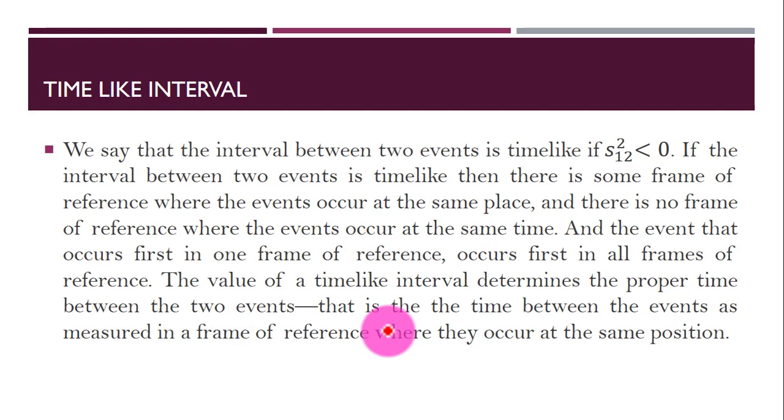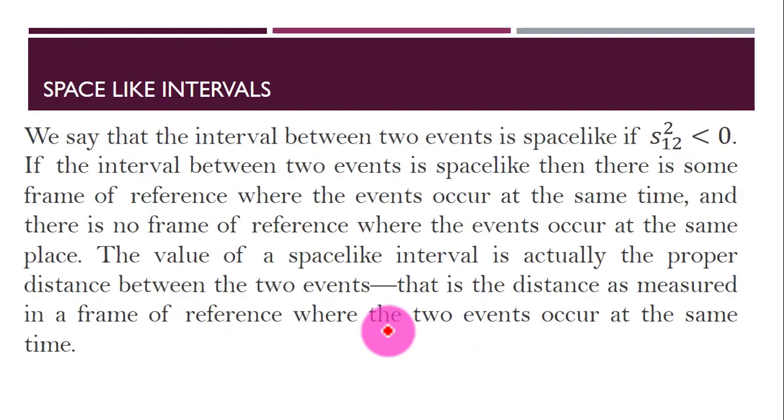And the value of the time-like interval determines the proper time between the two events, that is, the time between the events as measured in a frame of reference where they occur at the same position. Similarly, we can define the space-like interval.